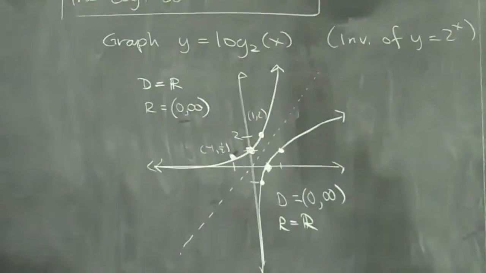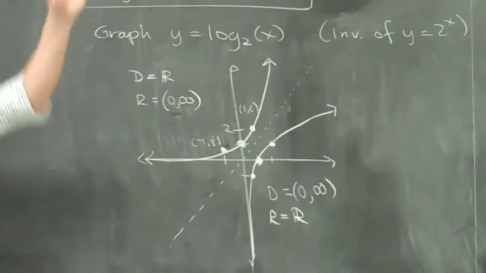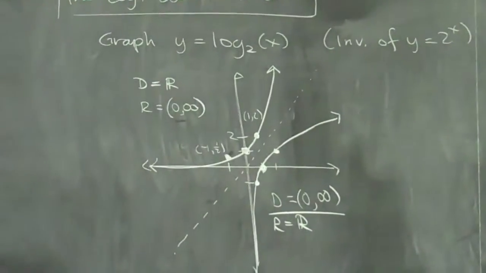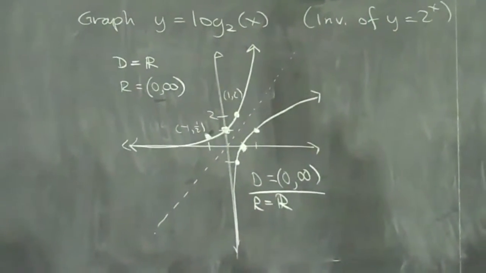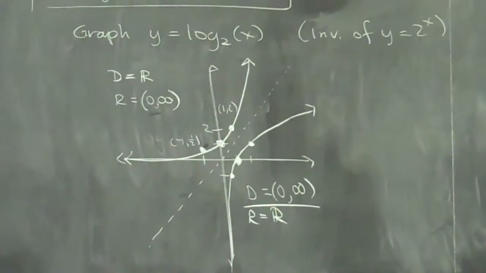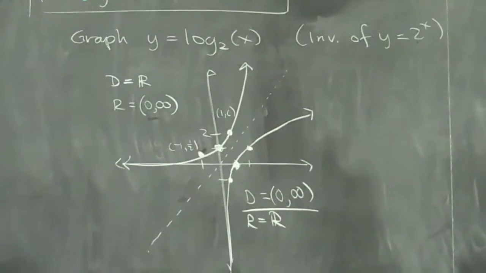I don't know when the right time to spring this on you is, and it's coming to mind right now, so we're going to do this right now. What does it mean to say that the domain of my log function is 0 to infinity? Positive numbers. Can I plug a negative number into my log?